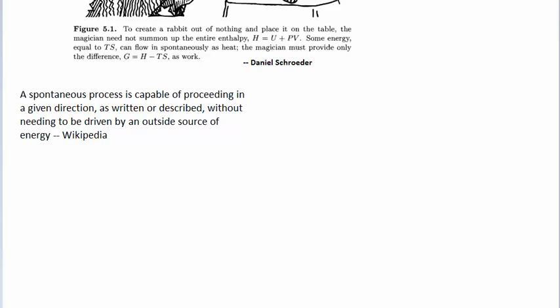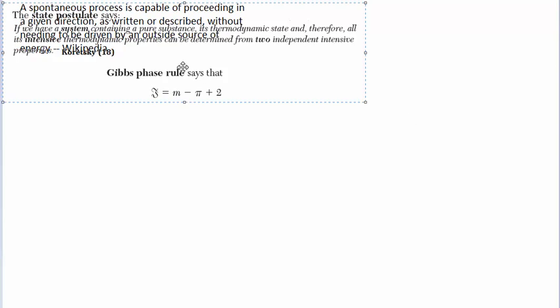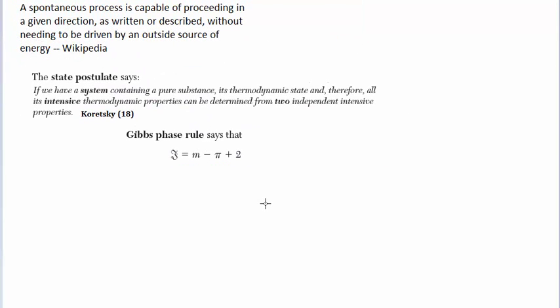I'm going to bring up one other point that might seem a little irrelevant right now. That is the state postulate. With the state postulate comes the Gibbs phase rule, where you have the degrees of freedom equals the number of components you have minus, I believe, the number of phases you have, and plus 2.